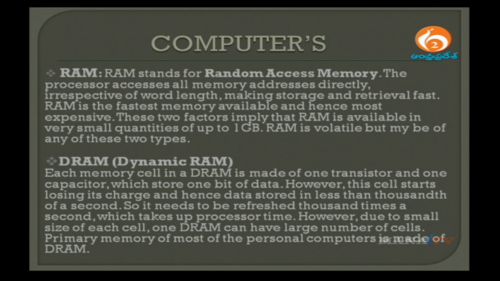RAM is the fastest memory available and hence most expensive. These two factors imply that RAM is available in very small quantities of up to 1 GB. RAM is volatile but may be of any of these two types.